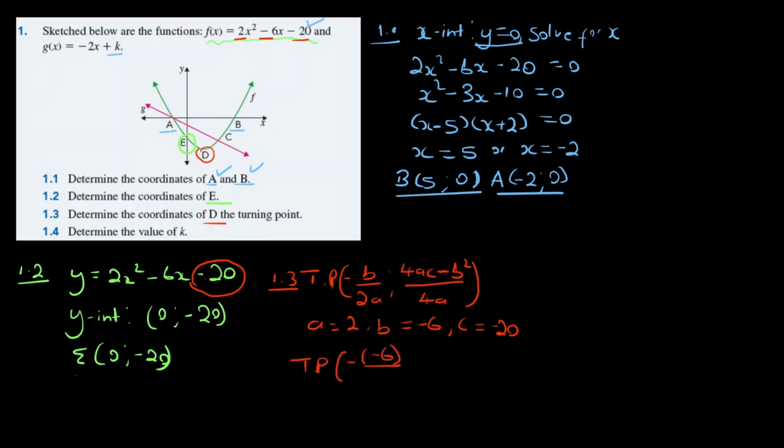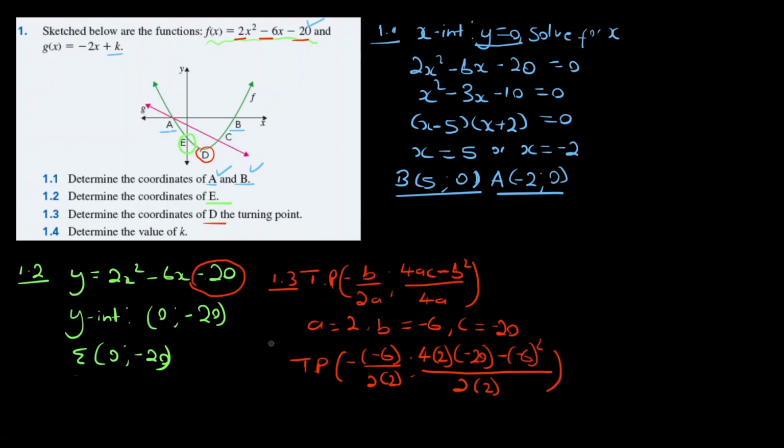It would be minus b over 2a, comma, 4ac minus b squared, all divided by 4a.